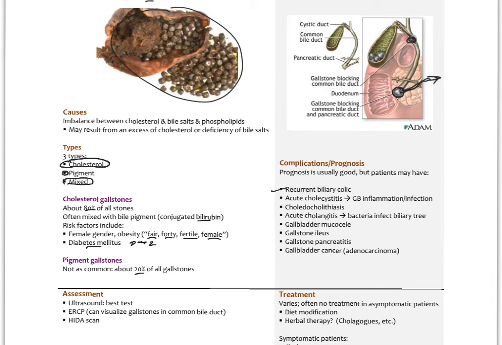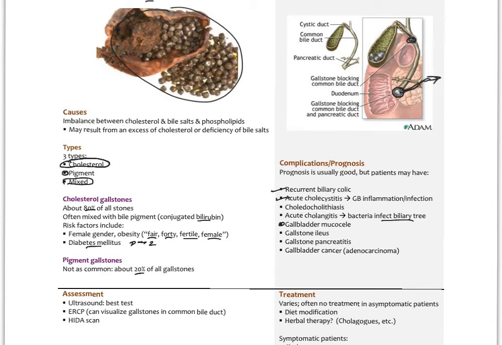They can develop acute cholecystitis, with gallbladder inflammation and infection. We'll talk about that next. They can develop choledocholithiasis, which is a stone in the biliary tree. Acute cholangitis, where bacteria infect the biliary tree, partly because of lack of proper drainage from a blocking gallstone. Gallbladder mucocele, where the gallbladder fills up with mucus, not pus, just mucus.